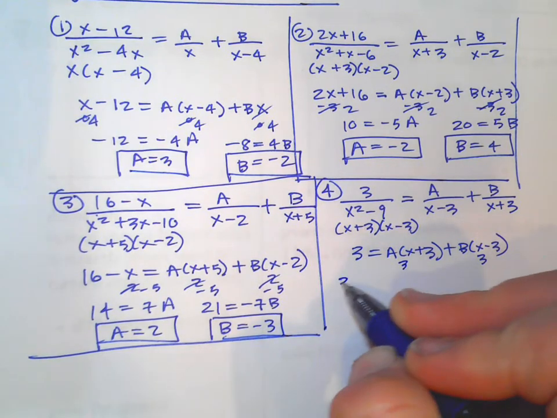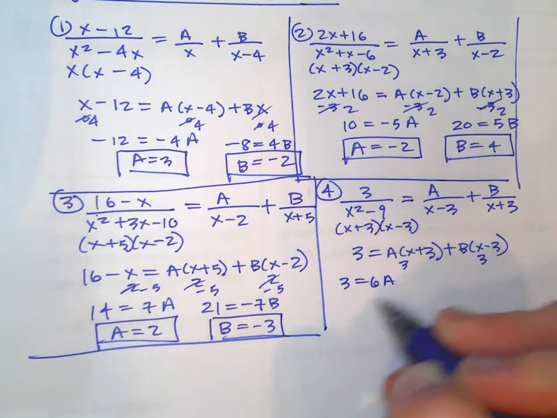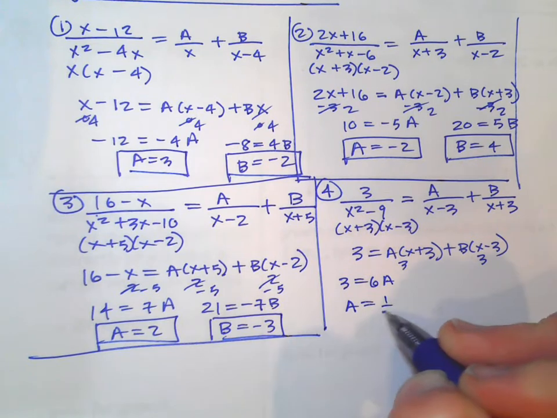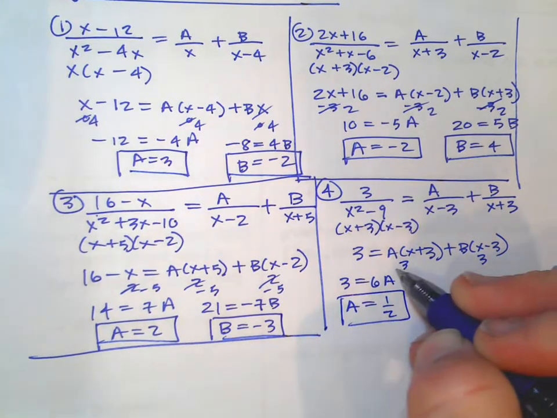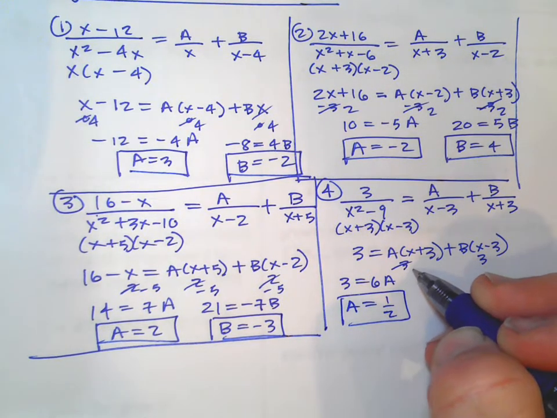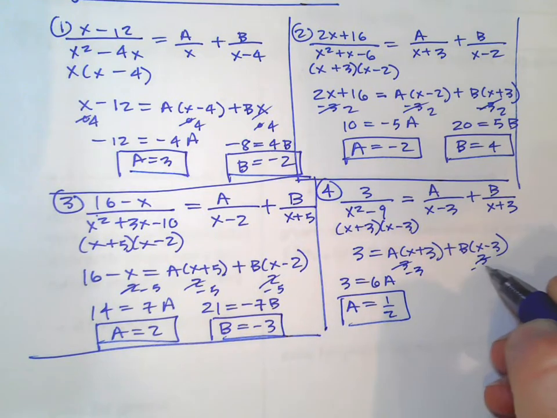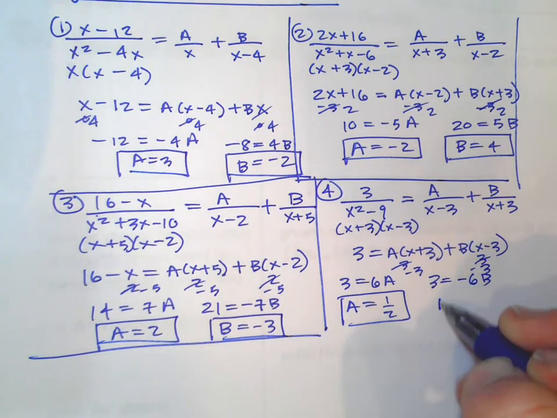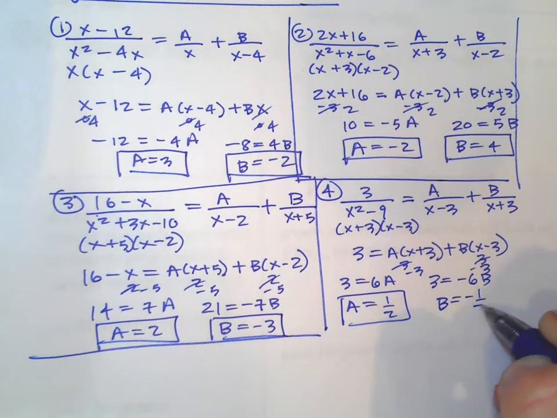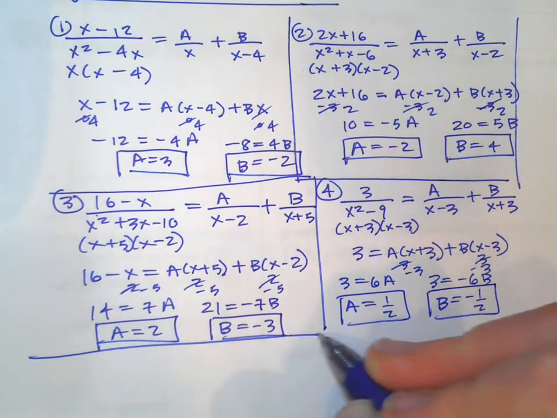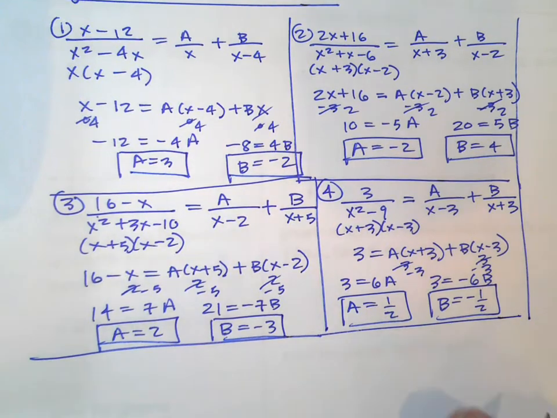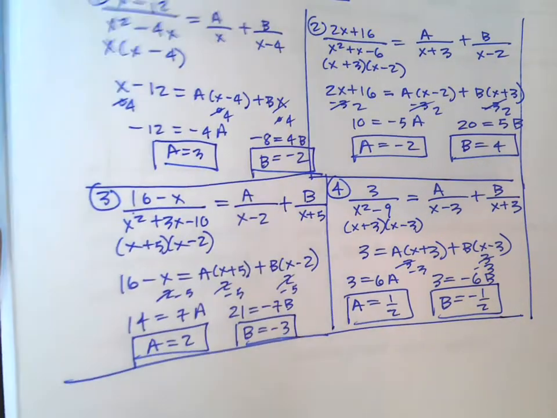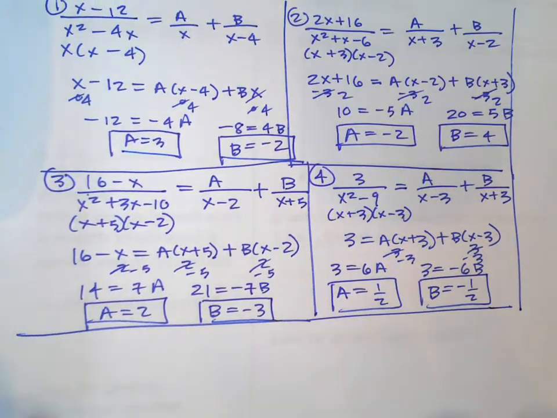And we get 3 equals 6A. A equals 1/2. We can plug negative 3 in everywhere. You get 3 equals negative 6B. B equals negative 1/2. So that was just some practice with partial fractions, breaking them up.